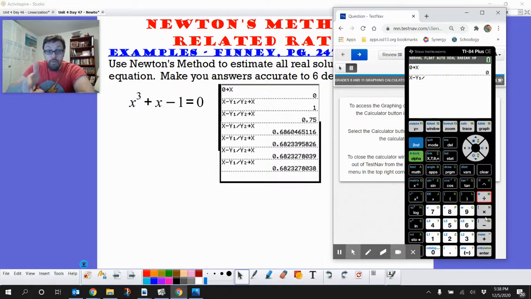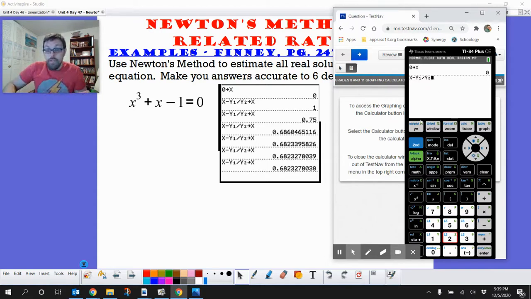That I put into y2. So again, I press vars, y vars, function, and I want y2. So now I'm doing my x sub n, 0, f of x sub n, f of 0, so y1, over the derivative of f at 0. So that's what y2 is doing.